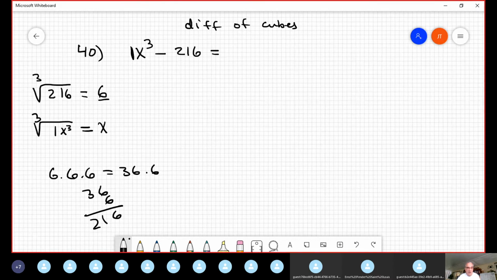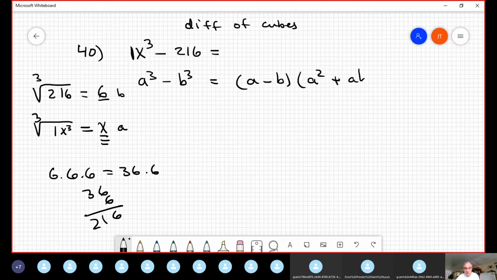This is my A and this is my B in the formula. I want to copy the formula one more time to compare. The formula says A³ minus B³ is equal to (A minus B)(A² plus AB plus B²).